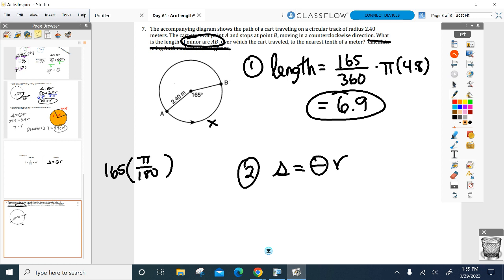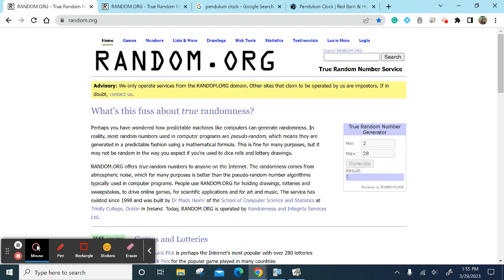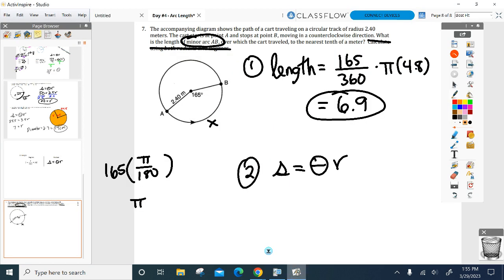We leave it in terms of pi. So somebody reduce that for me. 165 over 180 reduces down to 11 pi over 12. Good, 11 pi over 12. Now let's go back to the formula. S equals 11 pi over 12, but now times 2.40, the radius.